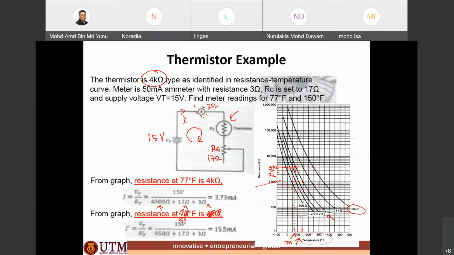It could be 1K, or in this answer it is 950 ohm. It's very close, but if you write down 100 or 1000 ohm it is acceptable. So the current of the whole circuit when the temperature increases, you see the current is increased.